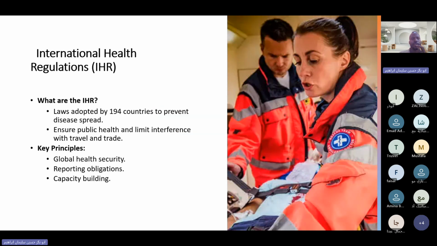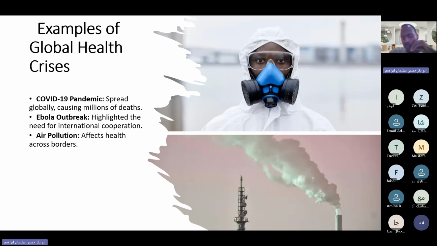Now you can see the international health regulation. What are the international health regulations? Does someone have ideas about this? Your participation is important.